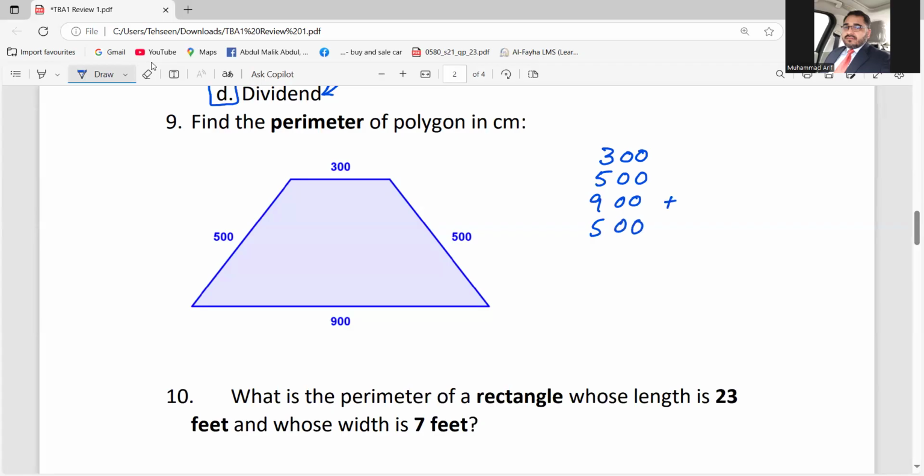We need to add all these numbers. Here 0, here again 0, here 3 plus 5, 8, 8 plus 9, 17, 17 plus 5, 22. This is 2200 centimeters, as the unit given in the question is centimeter. This is the perimeter of the polygon.